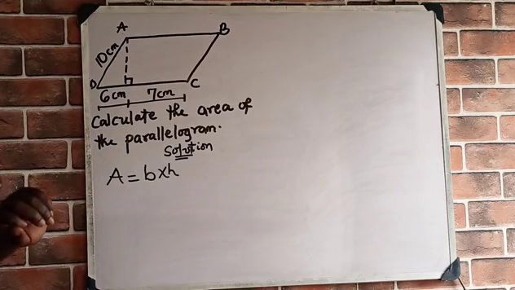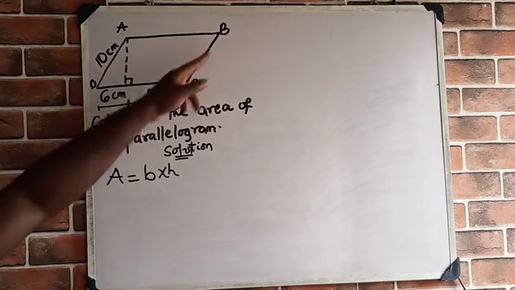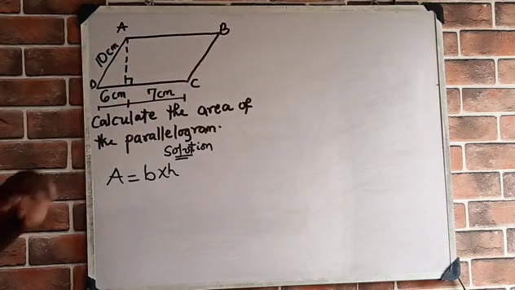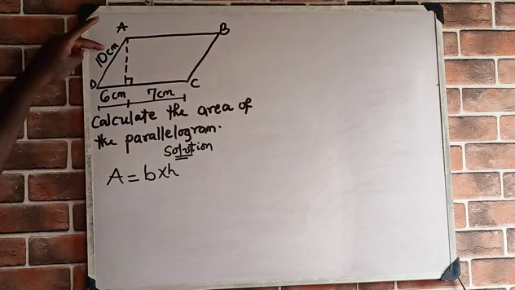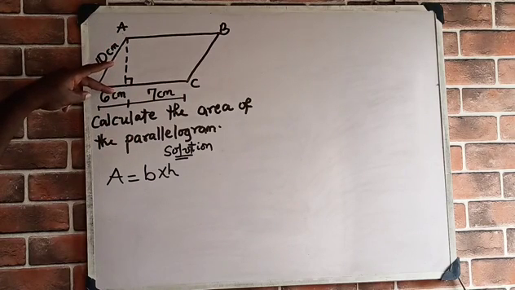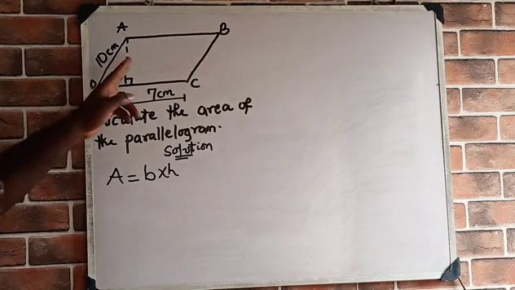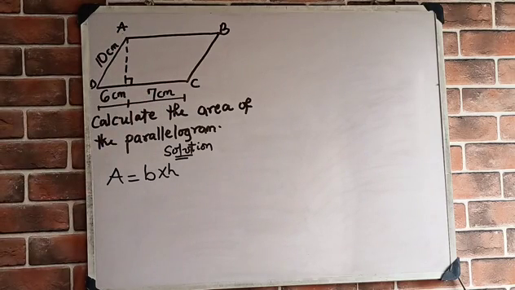But something was given to us from this shape. A triangle was made, and this triangle has the longest side to be 10 cm, the shorter side to be 6 cm, and then we don't know this side, which happens to be the height of the figure itself.